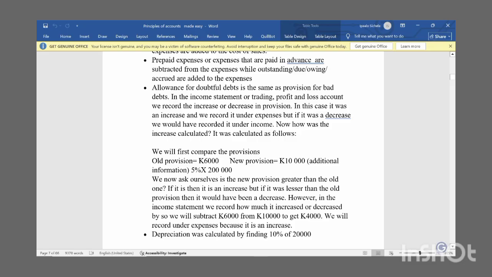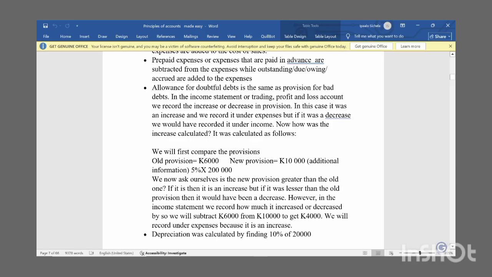Now, once you have identified the old provision and new provision, how do you determine whether it's an increase or a decrease? Because in the trading profit and loss account or income statement, we only record an increase in provision or a decrease in provision. So for us to know it's an increase, we're going to ask ourselves, is the new provision greater than the old provision?